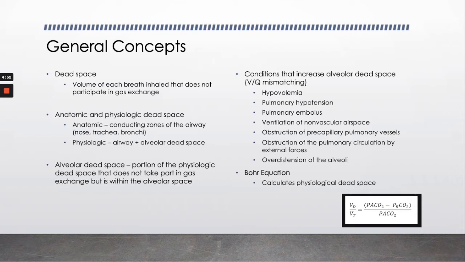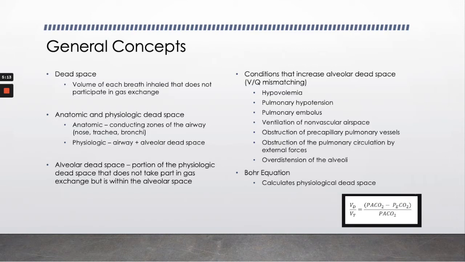So any condition that results in a VQ mismatch will increase alveolar dead space: hypovolemia, pulmonary hypotension, a pulmonary embolus, ventilation of non-vascular airspace, obstruction of precapillary pulmonary vessels, and obstruction of the pulmonary circulation by any external forces.